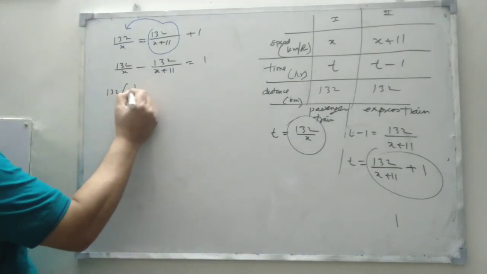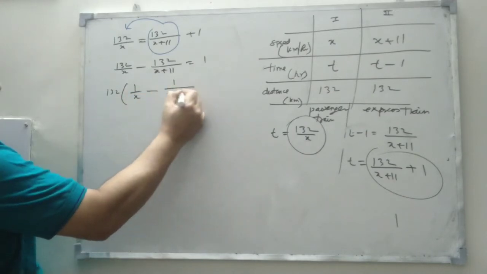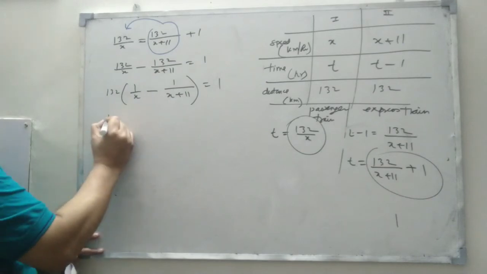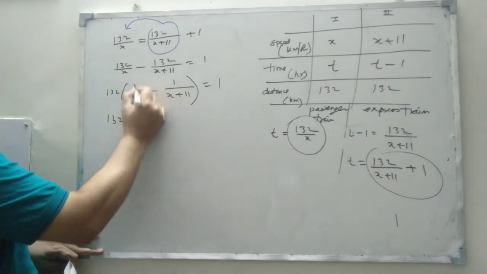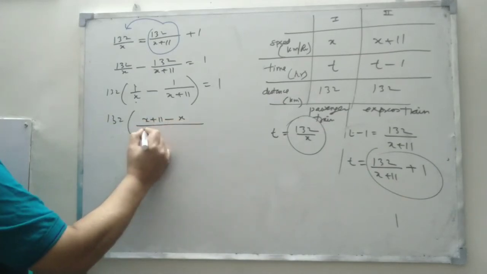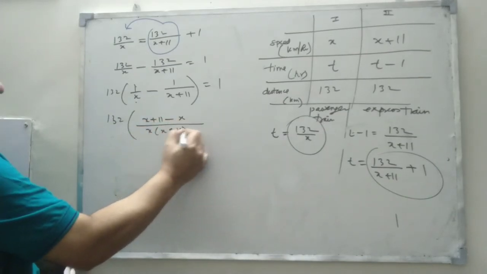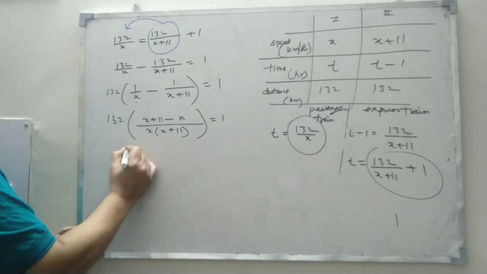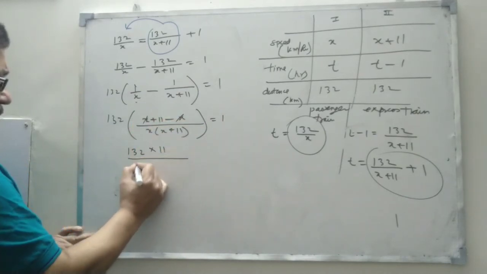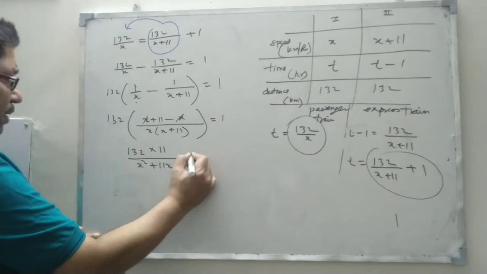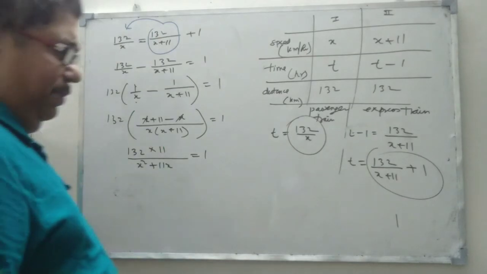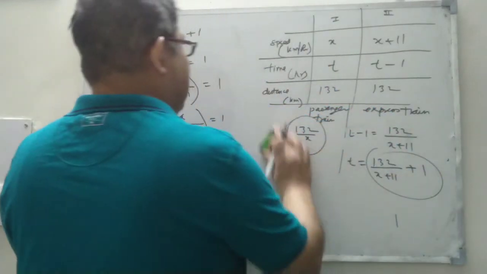132 can be taken common. So 1 by x minus 1 by x plus 11. You all know how to take common. So 132 times x plus 11 minus x, and in the denominator you have x into x plus 11, equal to 1. 132 into 11, what comes in the denominator? x square plus 11x equal to 1. 132 into 11, I don't need all this.